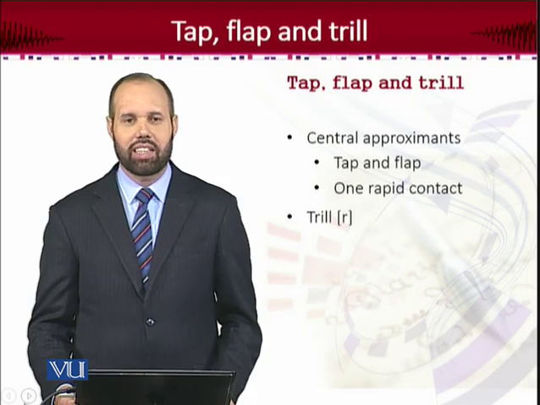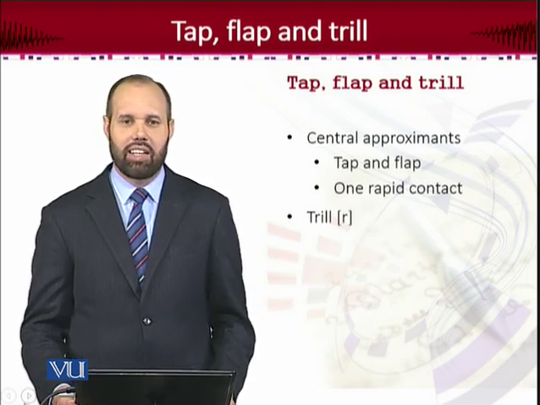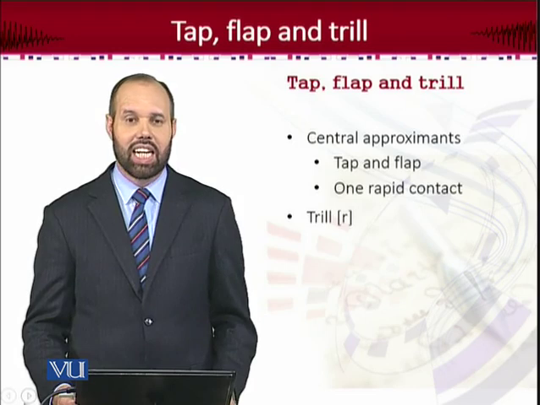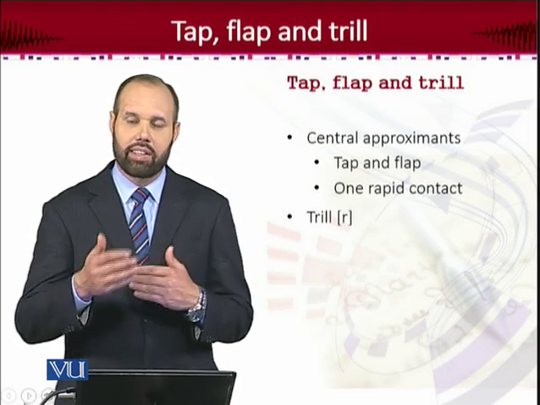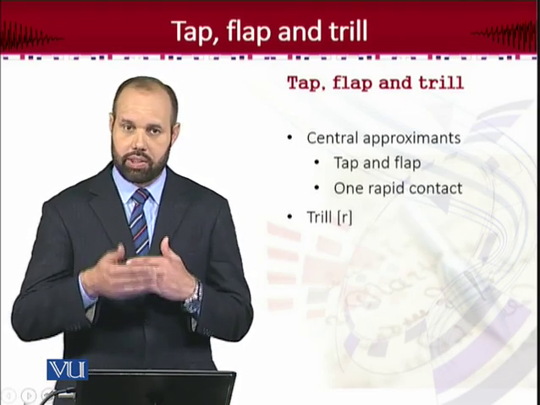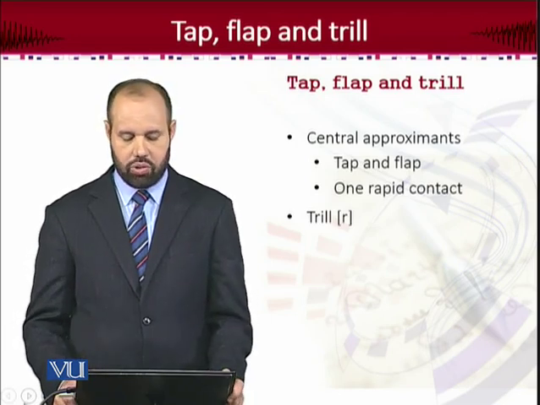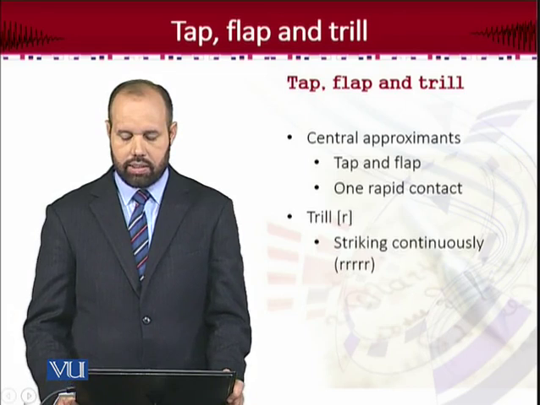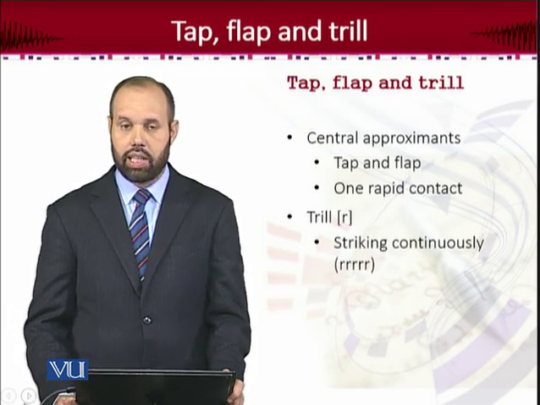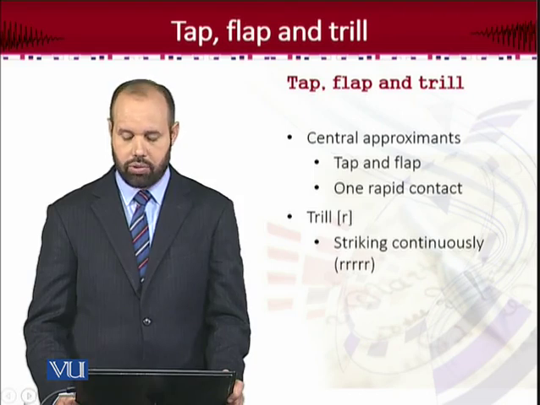You just see the tip of the tongue, it is in continuous vibration, r. So this is the longer one. The contact is continuous, right? It is touching, and then this trill sound is pronounced. It's striking continuously, right? And that sound, r, is very common, you see.